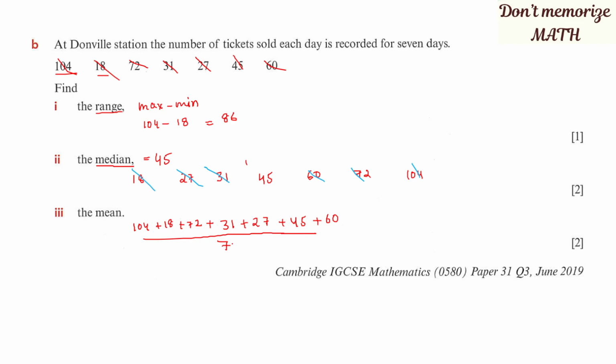So take your calculator, use the fraction button: 104 plus 18 plus 72 plus 31 plus 27 plus 45 plus 60, whole divided by 7. So you will get 51. So the mean is 51.